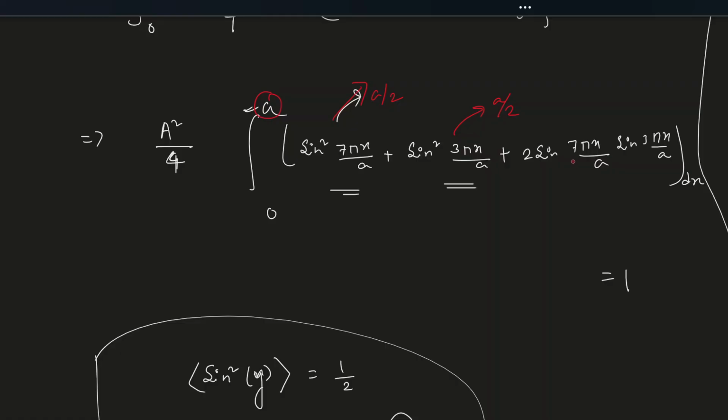Now comes the term where you have two different sines with two different arguments. You cannot really say this is a sine square term, right? Because for it to be a sine squared, it had to be similar arguments, but it had different arguments. So you have to take each of them separately.